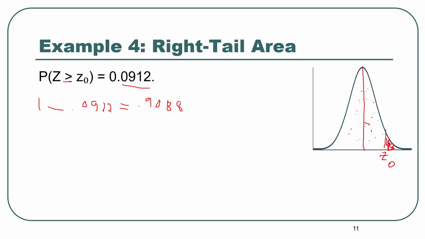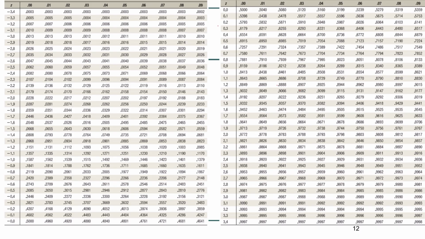Okay, so this is that left area, the dotted area. Now this is a left area, and I can safely enter my table with this left area and get the z-naught. So let's see that.